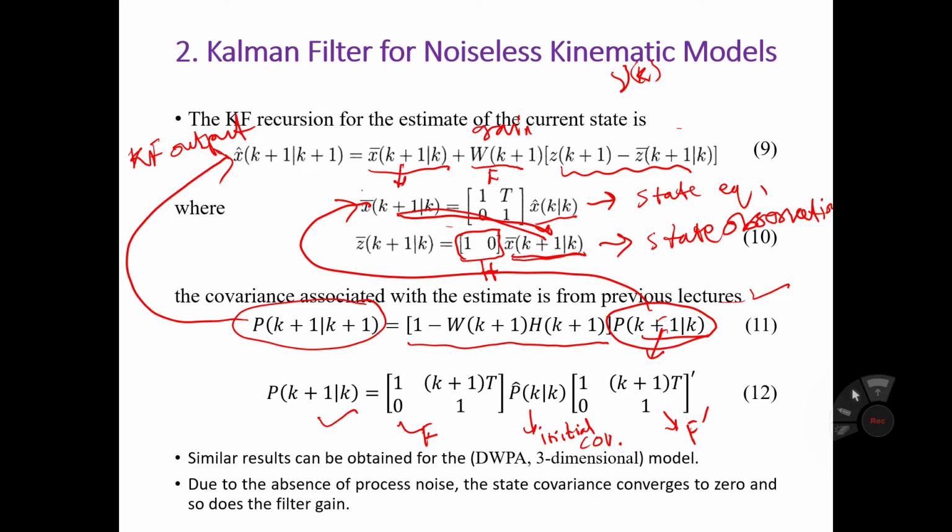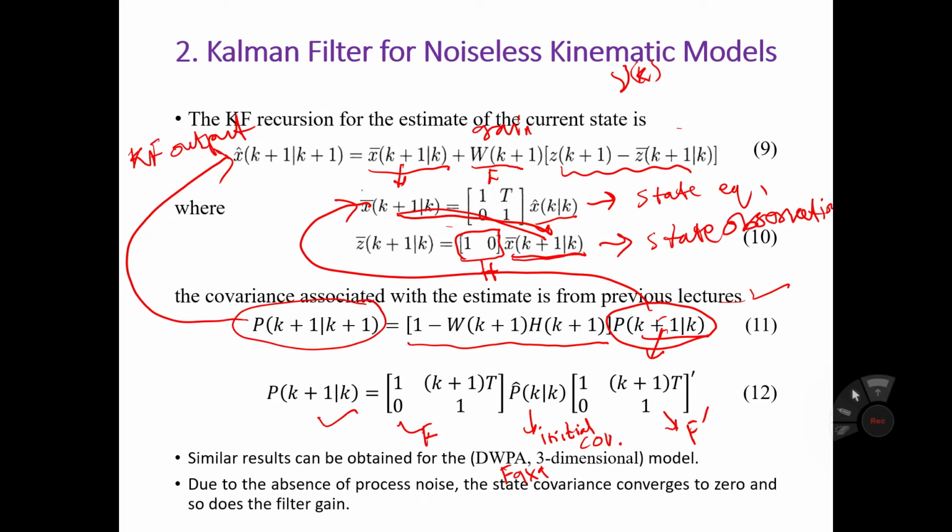In the DWPA case, f will be a 9 by 9 matrix, because three-dimensional means three-dimensional position, three-dimensional velocity, and three-dimensional acceleration of the auxiliary state. Due to the absence of the Poisson noise, the state covariance converges to zero, and so does the filter gain.